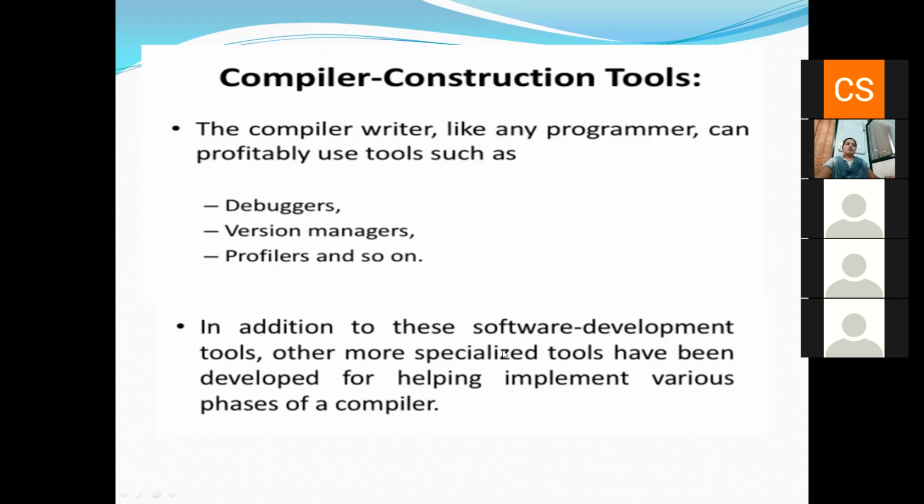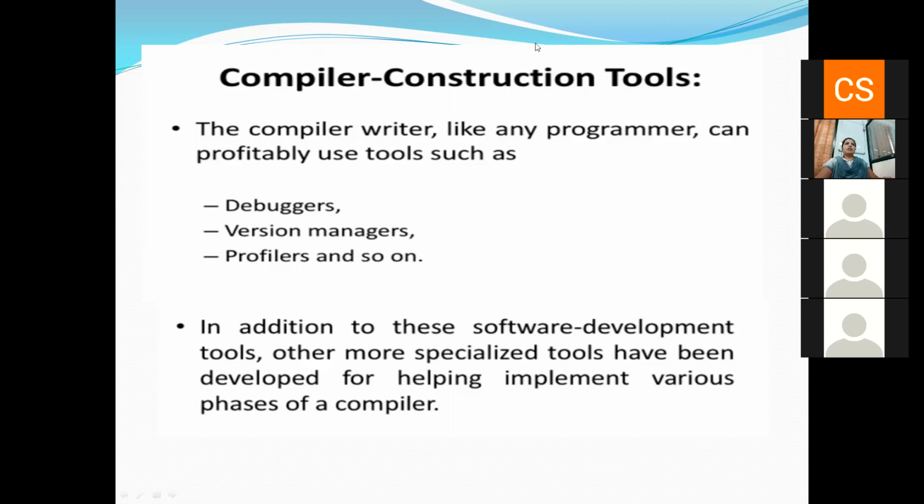In addition to these software development tools, other more specialized tools have been developed for helping implement various phases of a compiler. So they act as a phase of a compiler.